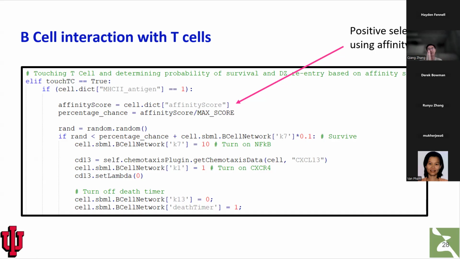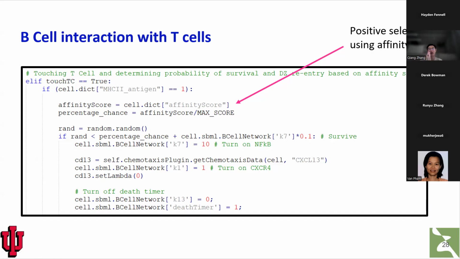Those are the cells that tend to have a higher affinity, so they are more likely to survive and then express CXCR4, and then will migrate back into the dark zone to proliferate a number more times. In the meantime, it will turn off this death timer, so those cells will be surviving.